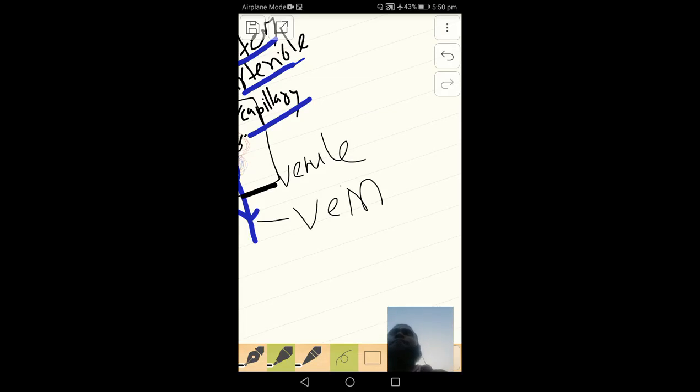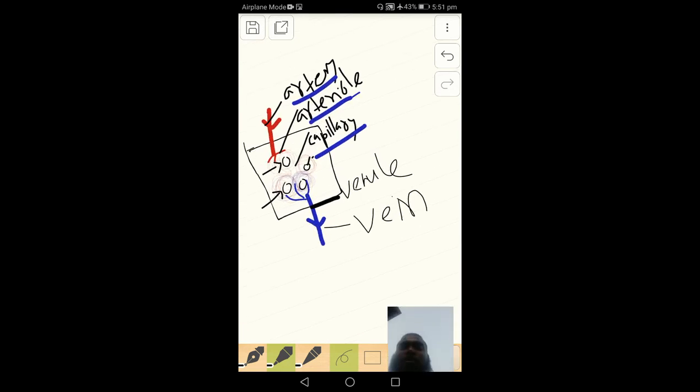That's why the arterioles are further subdivided into very small capillaries that can get really very close to the cells. So what we have is the artery, the arteriole, the capillary, the venule, and the vein.